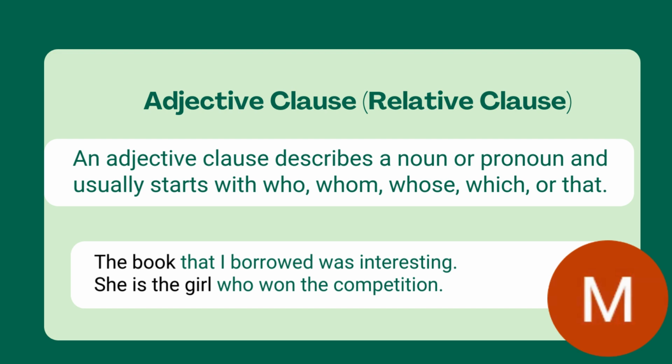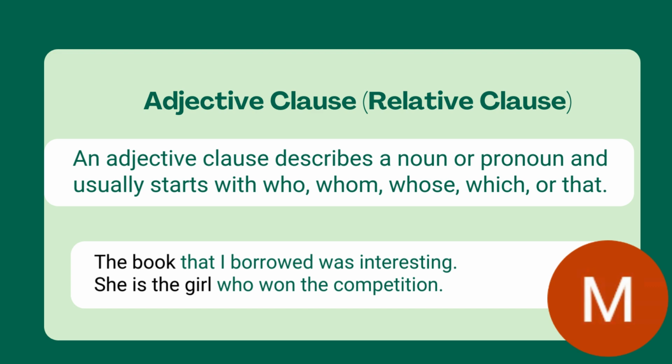The next type of clauses are called adjective clauses, also known as relative clauses. As we know, an adjective is a word that describes or qualifies a noun or a pronoun. Similarly, an adjective clause describes a noun or a pronoun.